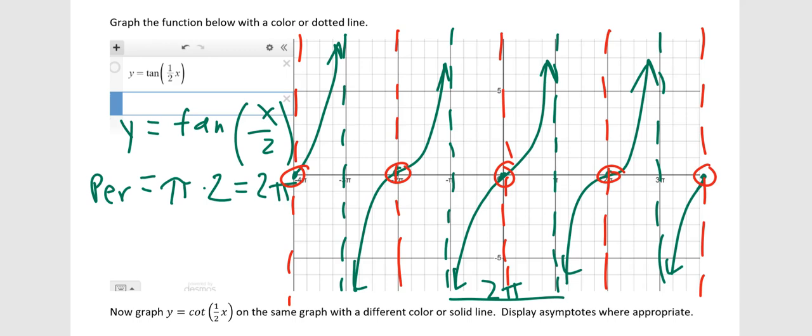Those green vertical asymptotes are no longer vertical asymptotes. What are they? When you take an undefined value and you flip it over, what do you get? Good try. My guess was horizontal line. That's not true. So an undefined value, 1 over 0, right? That's what an undefined value is. Flip it over. You get 0. You mean it's an x-intercept of the cotangent function? Yes, it is.